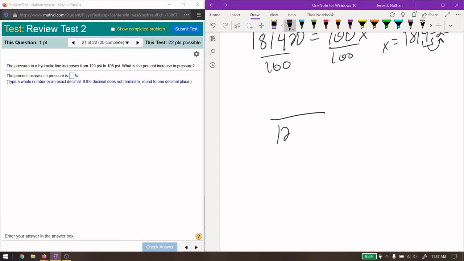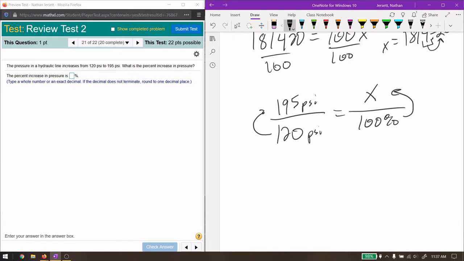In other words, 120 psi equals 100%. We're looking for the new percentage when this increases to 195 psi. 100% is the same thing as the baseline, which is 120 psi. Hope that makes sense. Okay, cross multiply and divide.